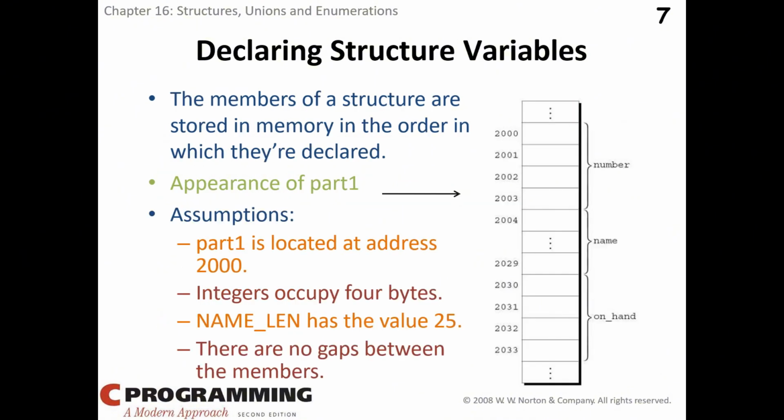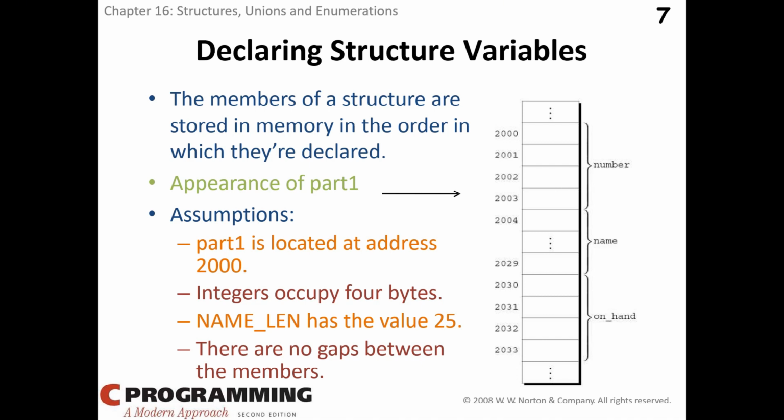And now let's see the memory organization of structure variables in C. When we declare a structure, its members are stored in memory sequentially. Let's consider an example using structure variable part1, which represents a part in our warehouse. We'll make some assumptions to illustrate how part1 is laid out in memory.